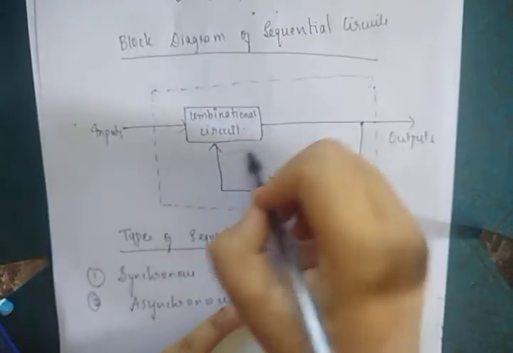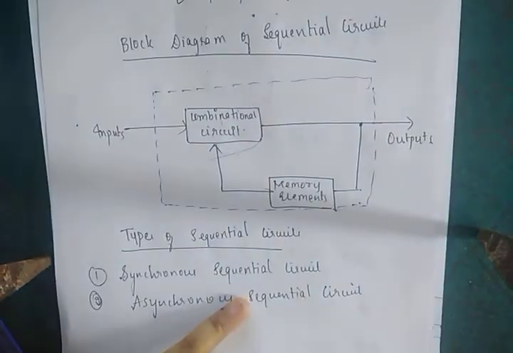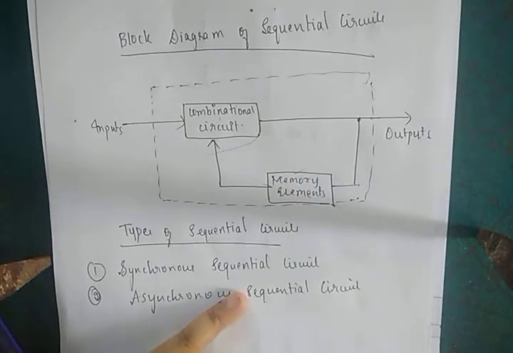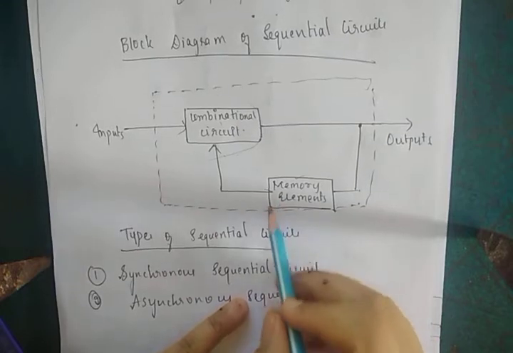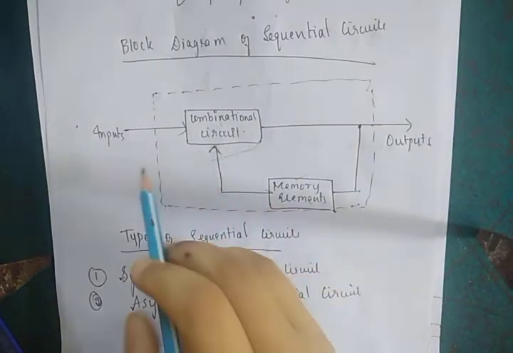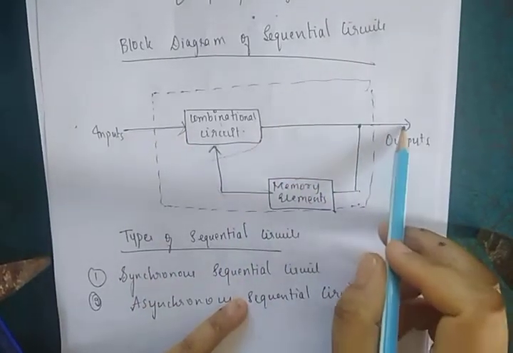For this combinational circuit, they have connected something called memory elements. And the memory element, as you can see, is again an input to the combinational circuit, and there are some external inputs, and combined together we get an output.